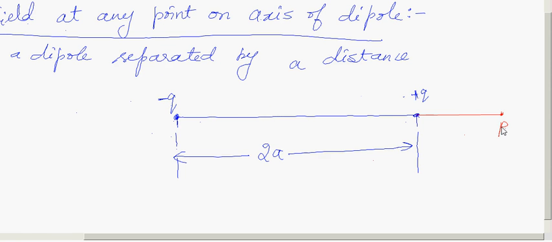This is the center of the dipole, this distance is a, and this is also a. Let point P be at a distance r from the center.